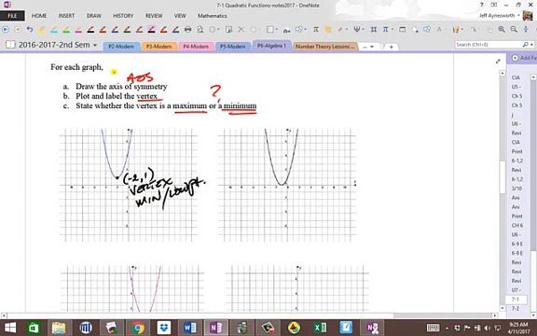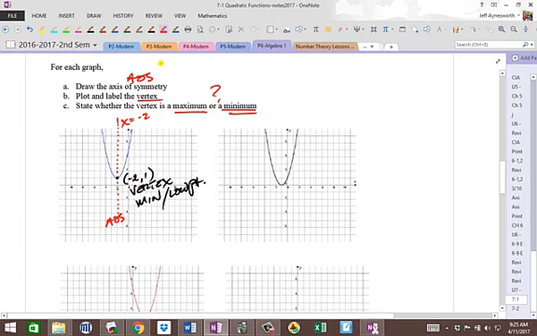The line of symmetry or the axis of symmetry goes right through the vertex every single time. In this case, because it intersects at -2, the axis of symmetry is x equals -2. We'll abbreviate that AOS.